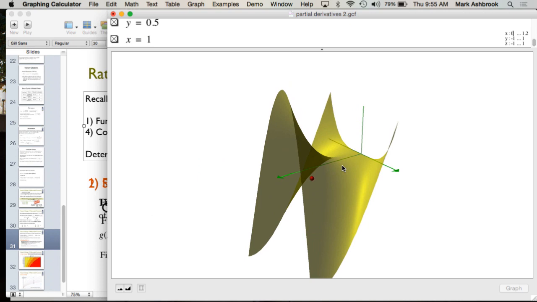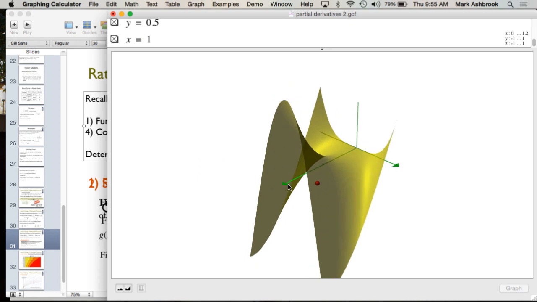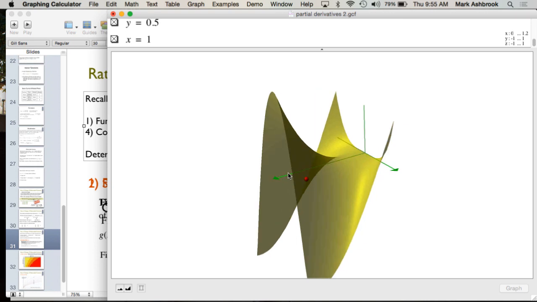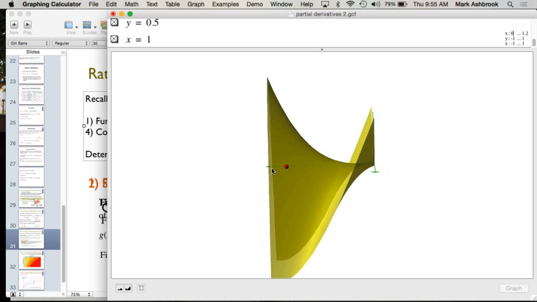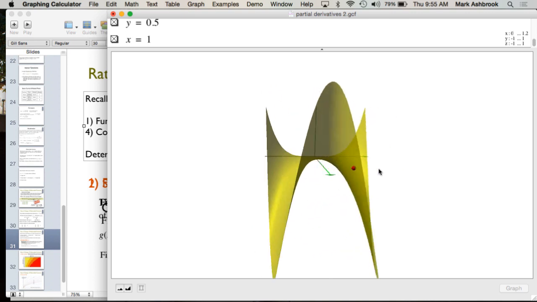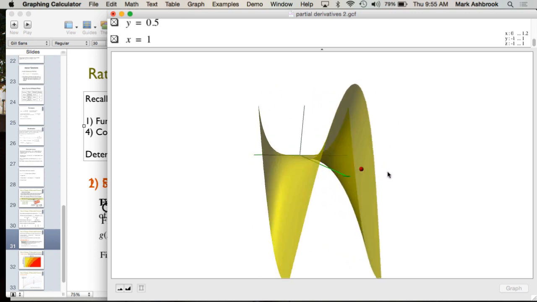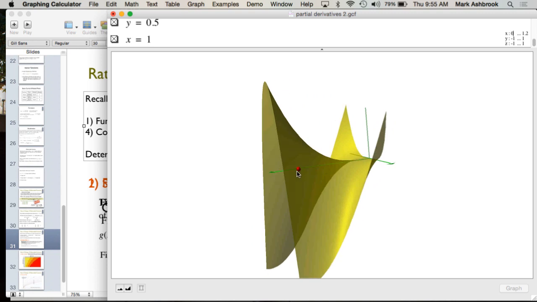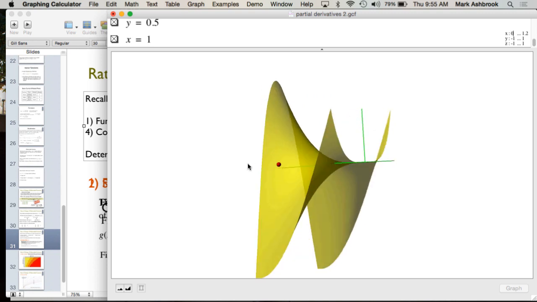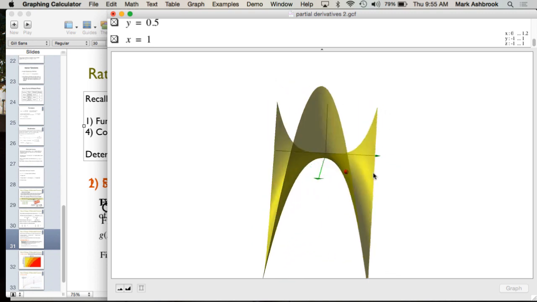So let's talk about surfaces, okay? Can you see that point that I've highlighted on this surface? Does it show up? Right there. At that point on the surface, what can you say about the partial with respect to x and the partial with respect to y?